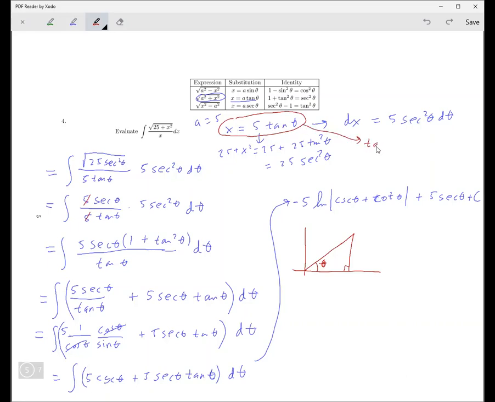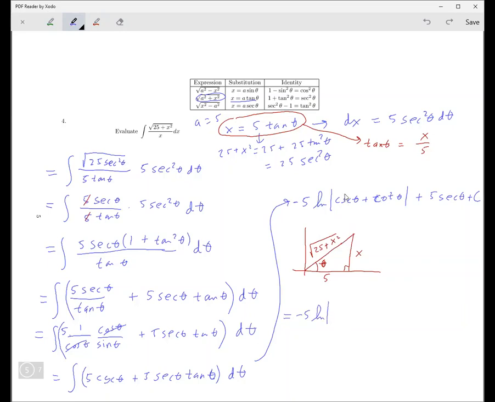That means tangent theta will be x over 5. Okay, so make that x, make that 5. This becomes the square root of 25 plus x squared. And then from this triangle, you pick off the cosecant, the cotangent, and the secant. And that's your answer.